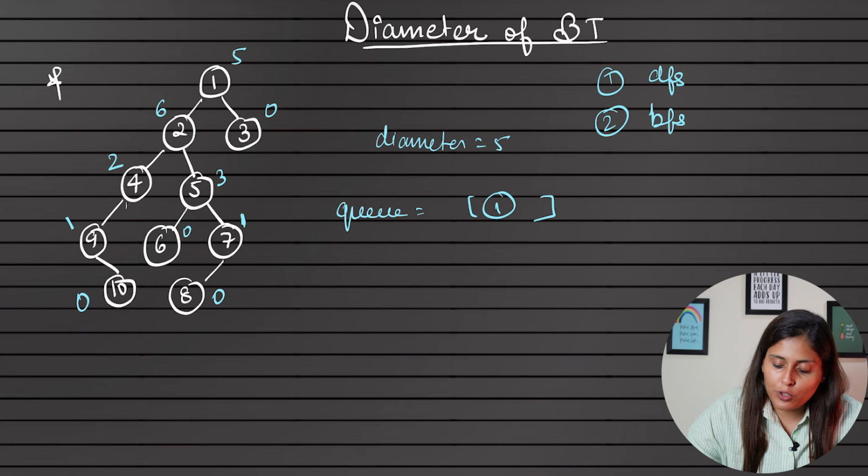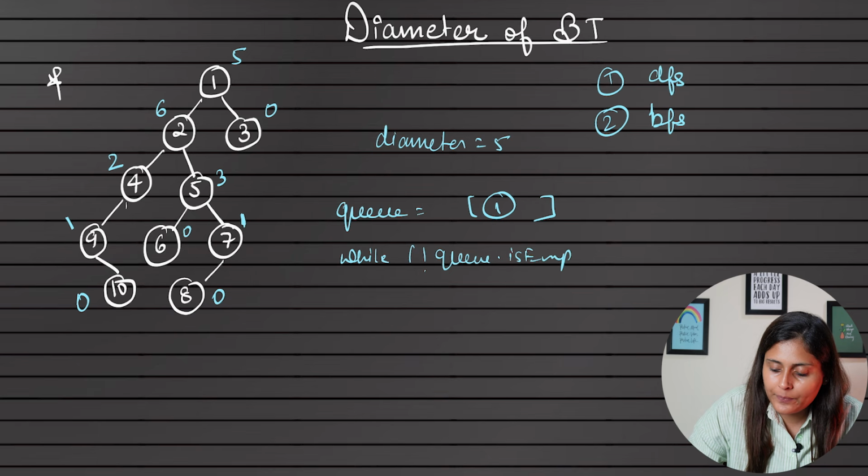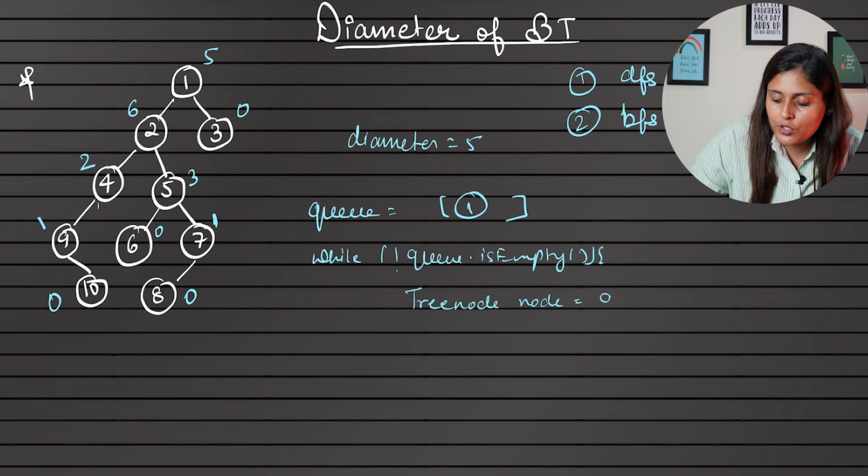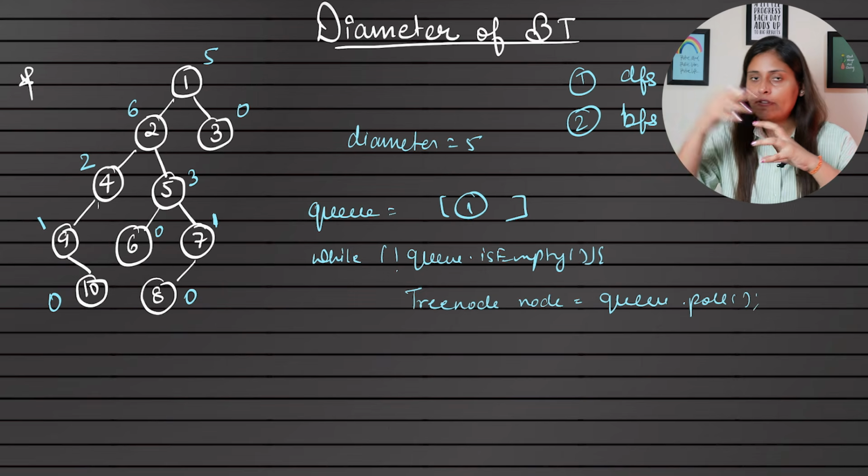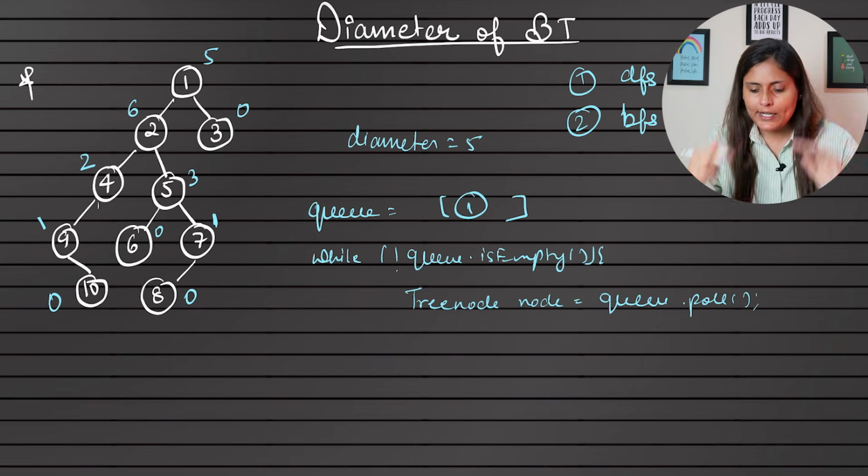So can I write the code also? While my queue is not empty, first pop this. So let's say TreeNode, queue dot poll. I'll pop. Now I have this node. What I want is left levels and right levels. Let's call it height.